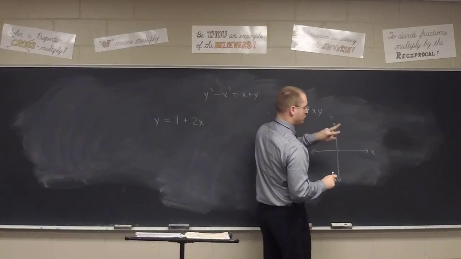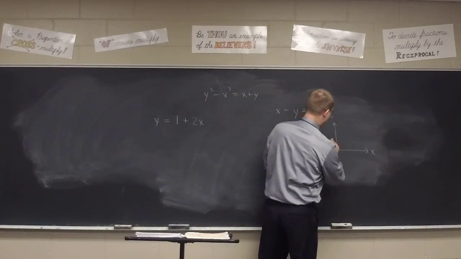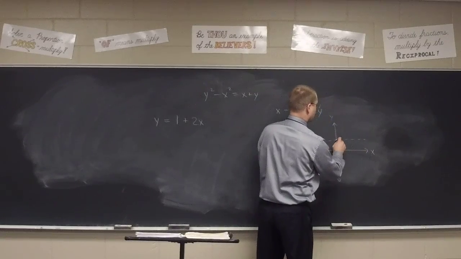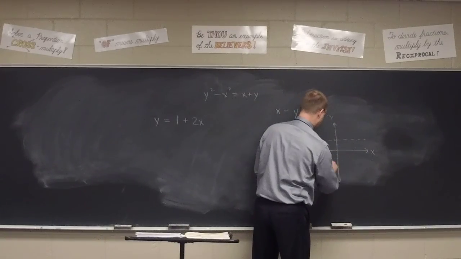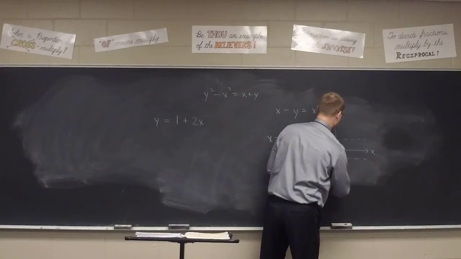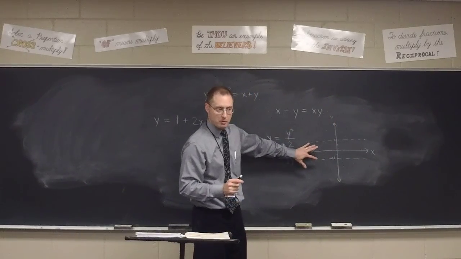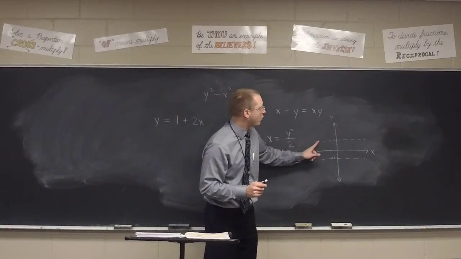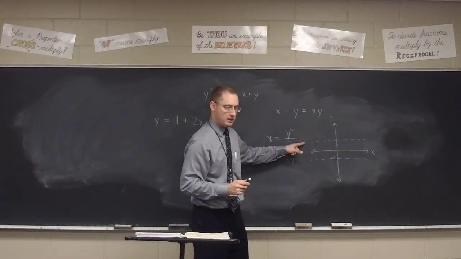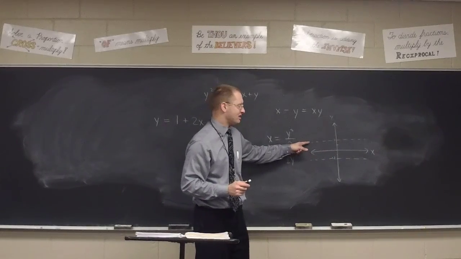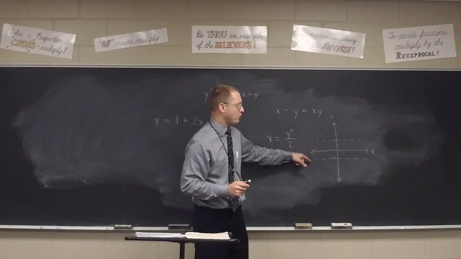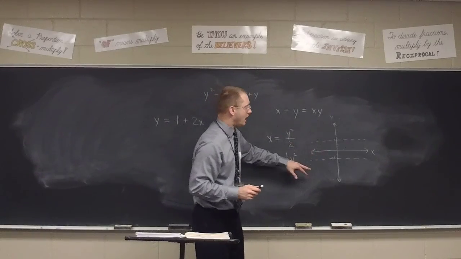Let's suppose I go a distance of 2 from the x-axis. Parallel to the x-axis, 2 units away. Parallel to the x-axis, 2 units away on the other side, right? This is how we would have drawn the locus in geometry class. What is the equation of this line? Well, what's its slope? Both of them have a slope of 0, right?